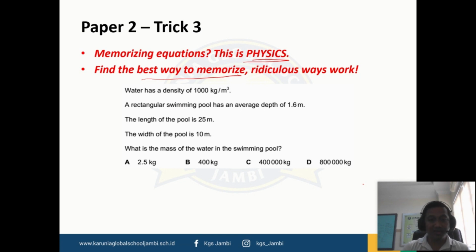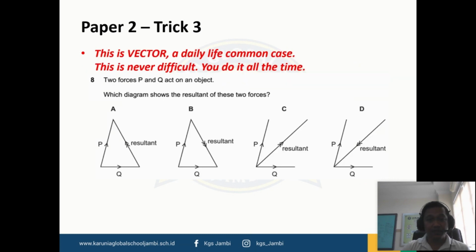Also find the best way to memorize. Your teacher's way is not always the best way for you. So if you have your own ridiculous way to work with your brain, then do it. Vectors are something common and you must master this.